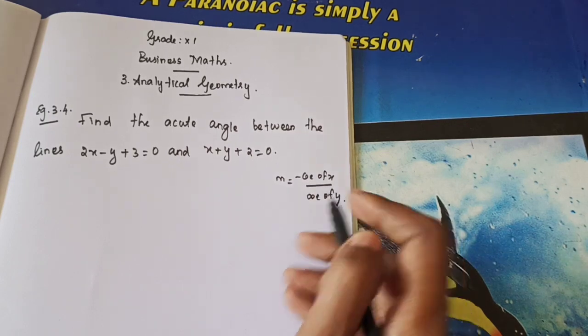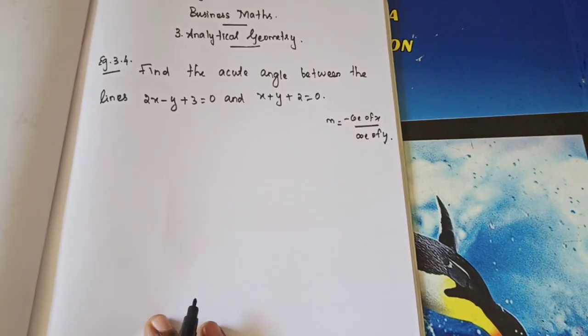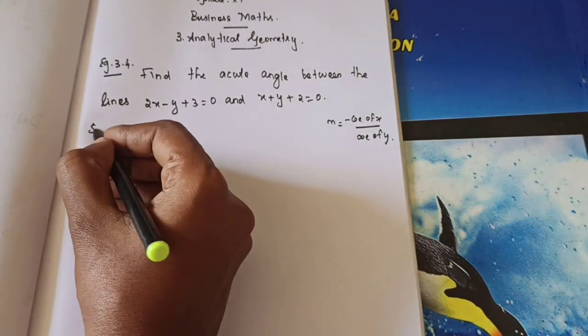You learned this in 10th standard in the coordinate geometry chapter, and we are going to use the same thing here. They gave two equations. From the first equation you take the slope as m1, and from the second equation the slope as m2. After finding m1 and m2, if you substitute in the tan theta formula you will get the answer. Understand, students?